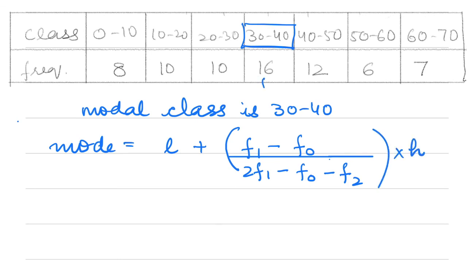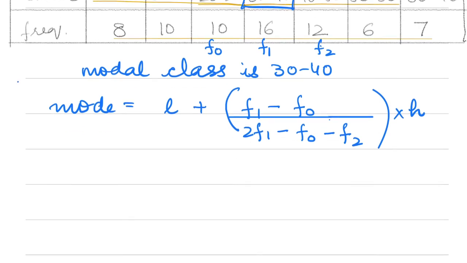This is F1, this is F0 and this is F2. Height we know is 10, and the lower class limit we can find out.